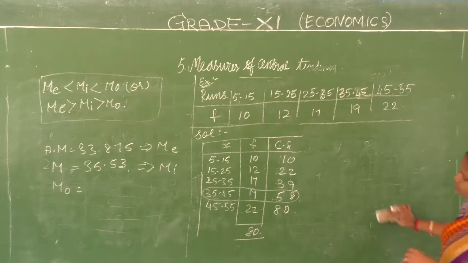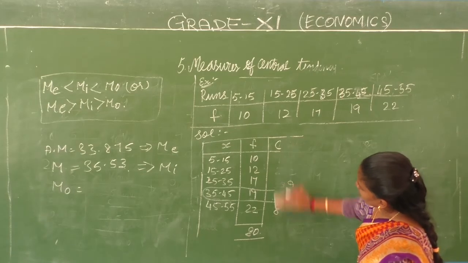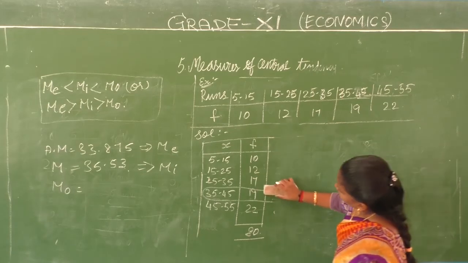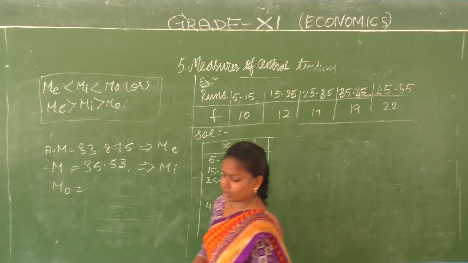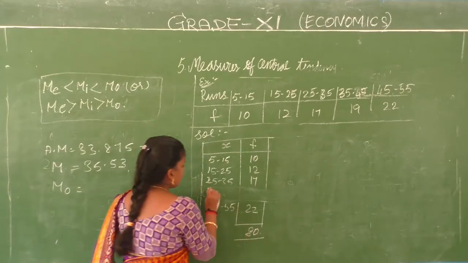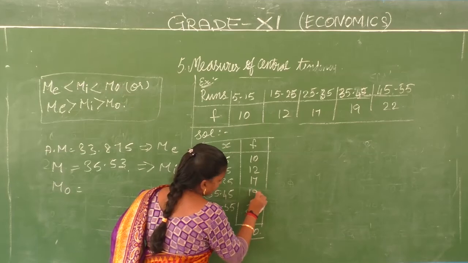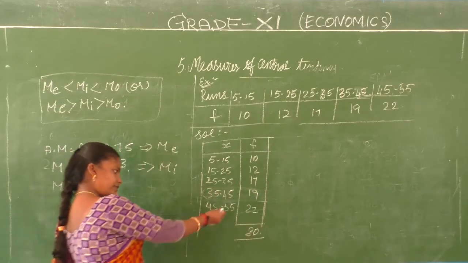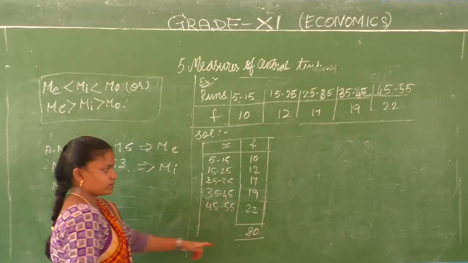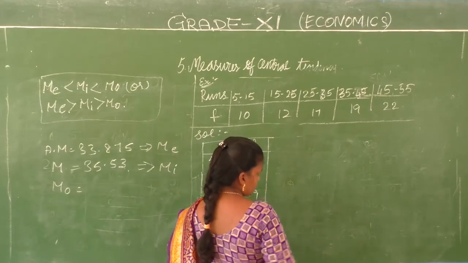So we are going to just find the modal class, wherever the concentration is more. So where is the highest frequency, children? 22? Fine. So applying it in the formula.